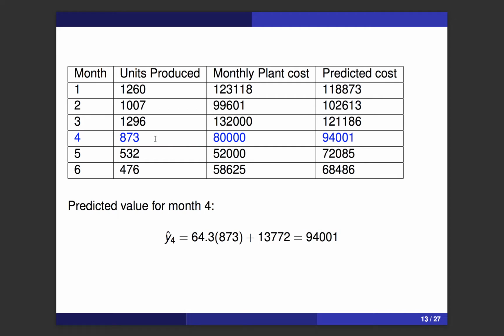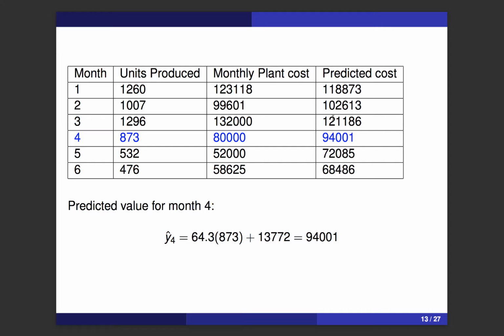For example, when we produced 873 units, our actual monthly cost was $80,000, but our model would predict about $94,000, and that's our predicted value, which we denote y hat. The 4 subscript just denotes that it's the 4th item in our list.